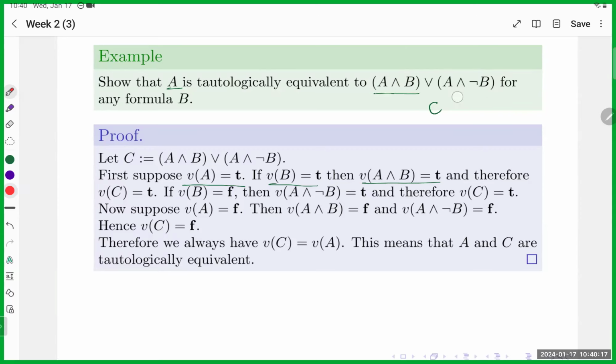If V of A is false, then this is false, because V of A is false and this is also false. So this entire thing is false. This is false, false or false, false.